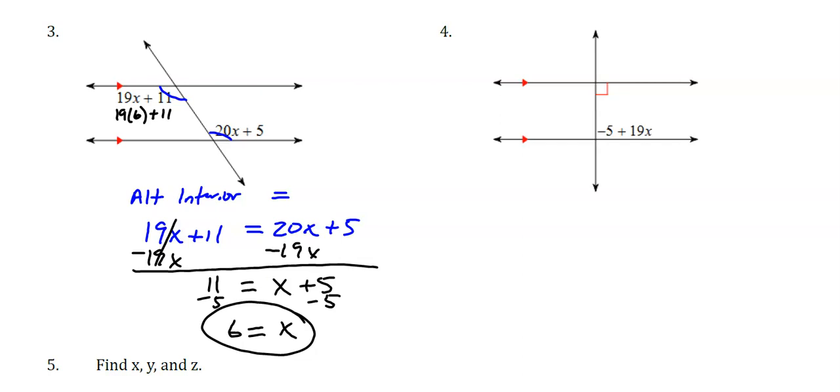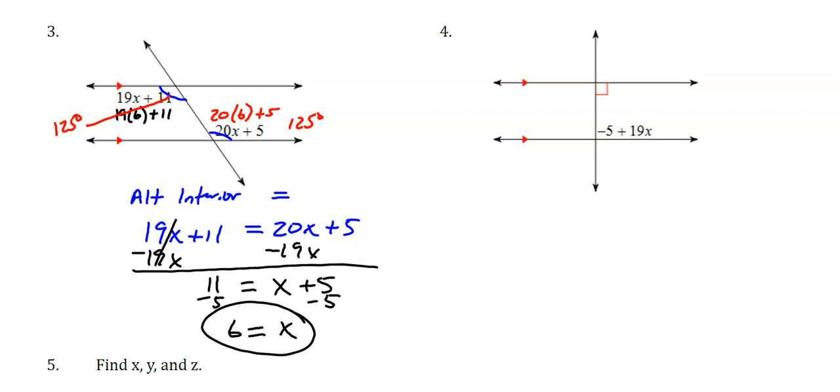So that's 60 and 54. That's 114 plus 11. So I believe that's 125 for that angle right there. And let's double check the other one. Hopefully we get 125. So 20 times 6, well, that's 120 plus 5. Beautiful. They're both 125. So it checks out.